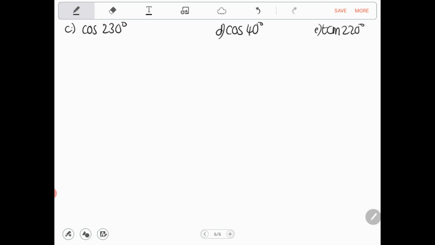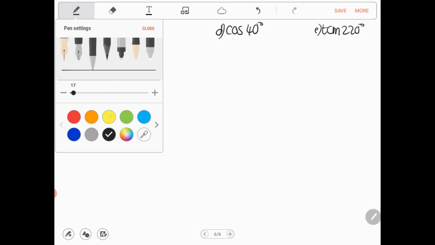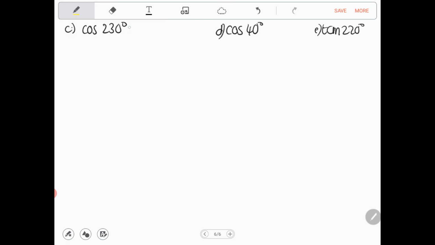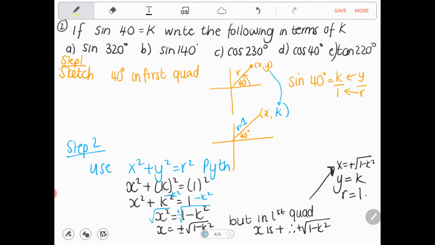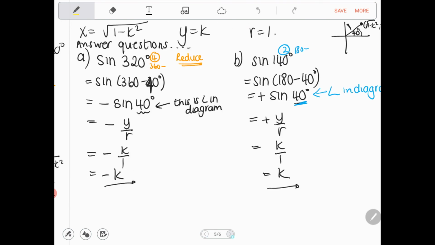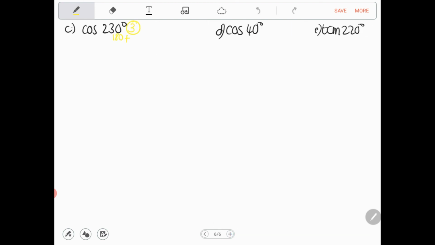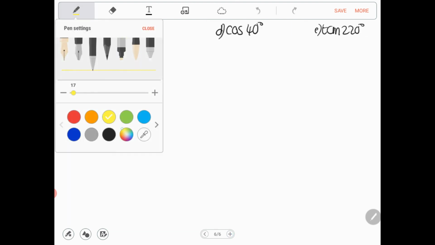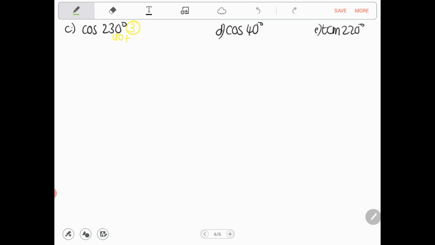Okay. All right, so first of all, we start by reducing. Quadrant 3, so it's 180 plus. Cos of 180 plus 50.